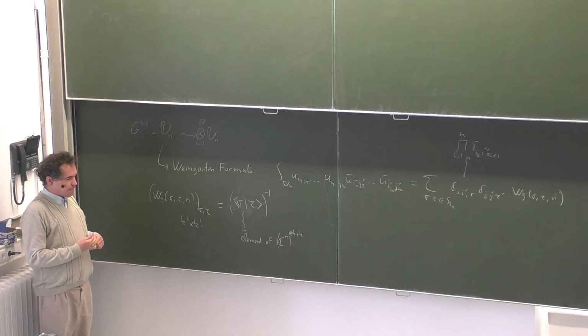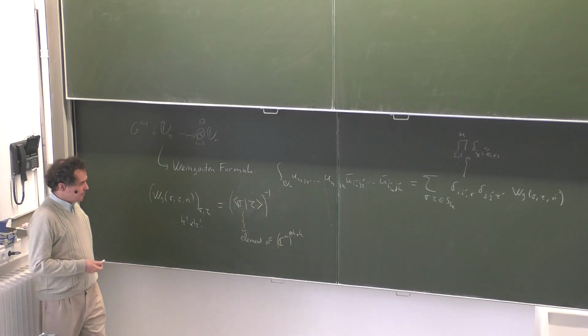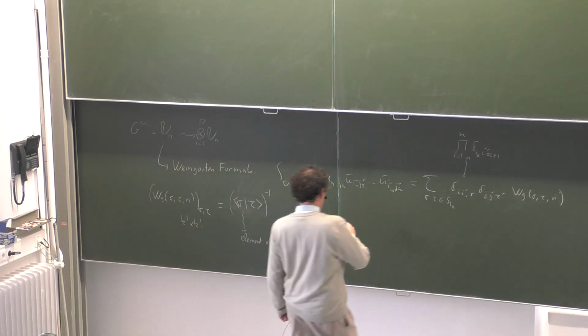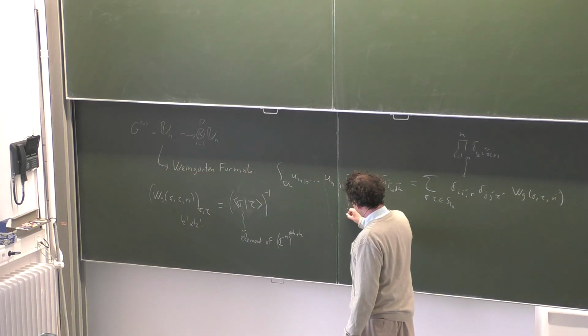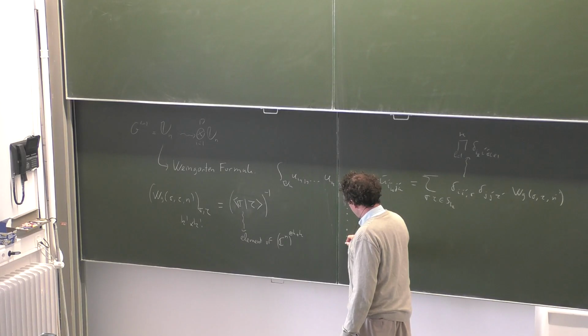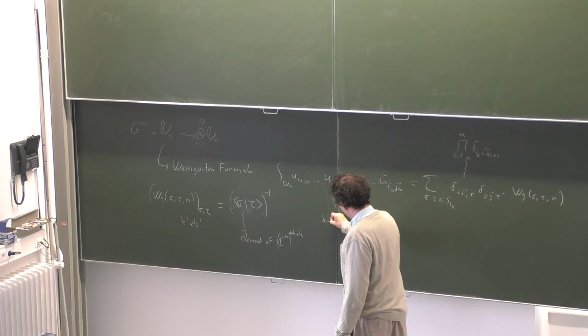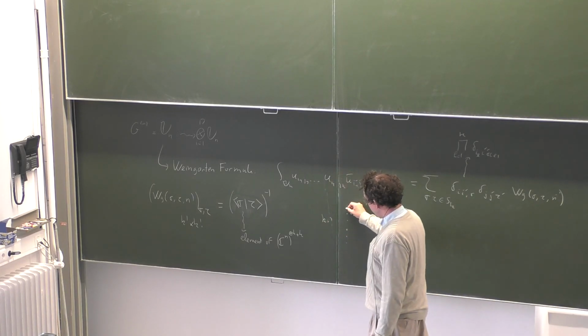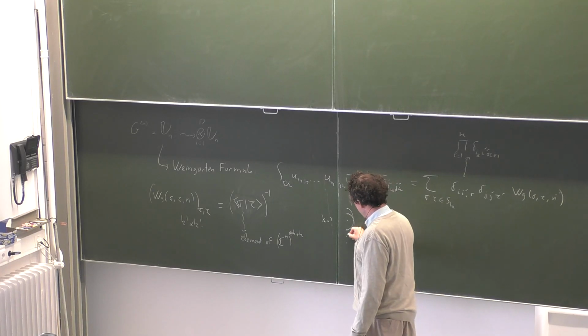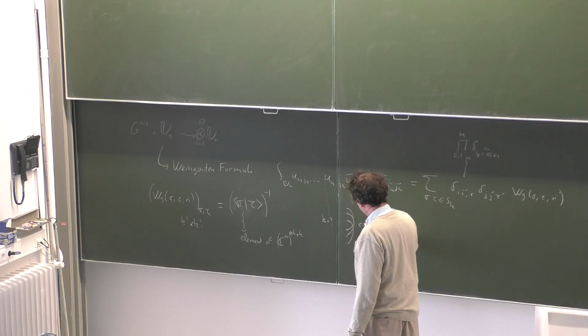Remember this was something like, let's say, k equals 3. Maybe the identity would be the one which links ones to ones, so sigma equals identity.